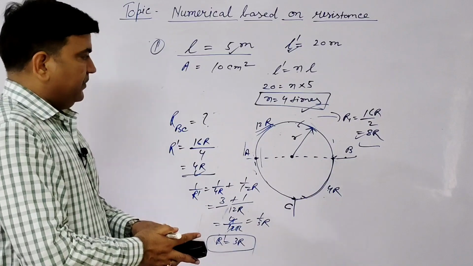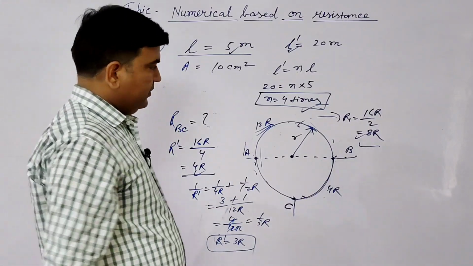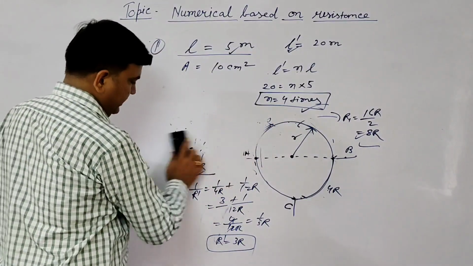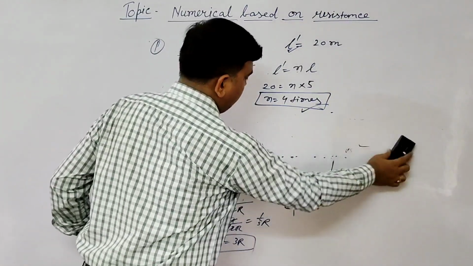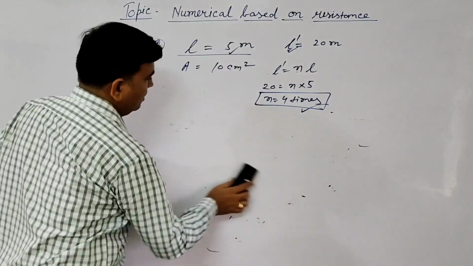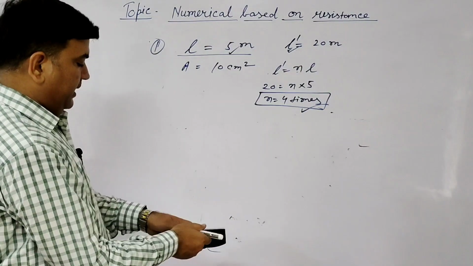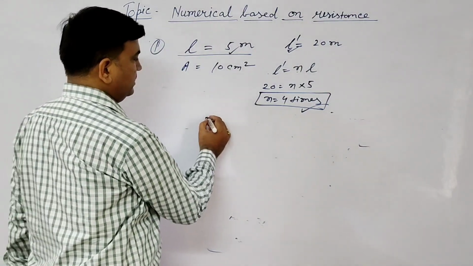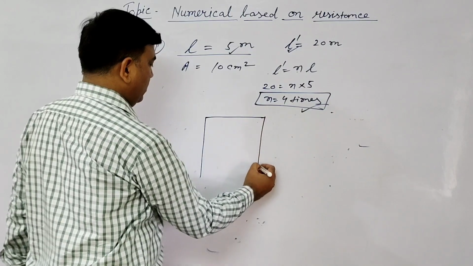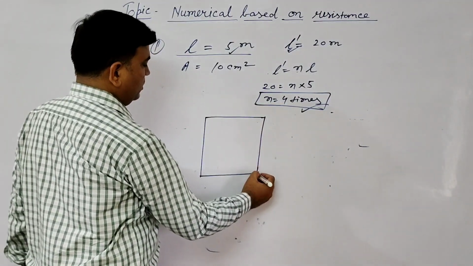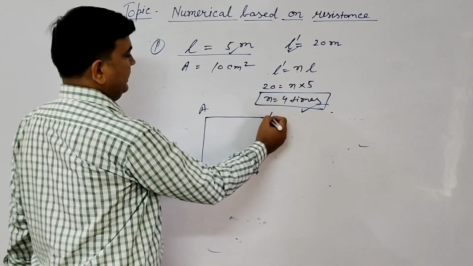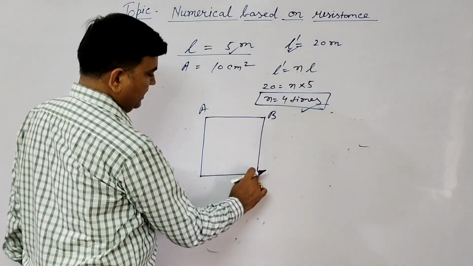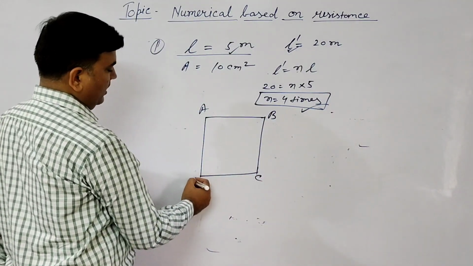And children, now see, if this wire is joined in a different shape, let us see how we can solve the questions. If this wire forms a square, everyone knows each side of the square has the same length.